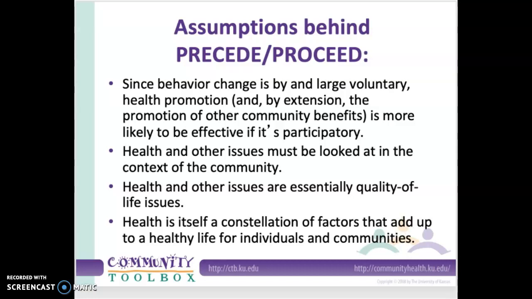And so, we need to understand that we're looking at an individual in the context of their community. So, if we're trying to get somebody to stop smoking or start exercising, these things don't happen in a vacuum.